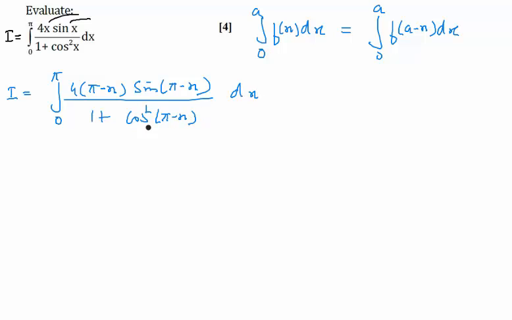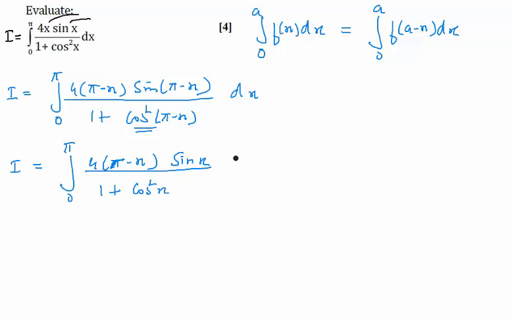If I further simplify this, this converts to the integral from 0 to pi of 4 times (pi minus x), let us keep it this way, and sin(pi minus x) is again sin x. And if you look at the denominator, because of the square term, it is still 1 plus cos square x, dx.